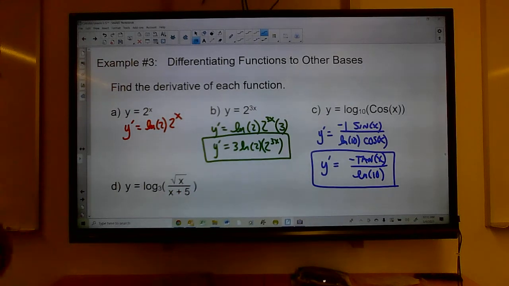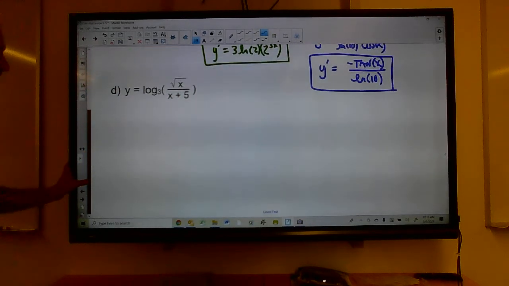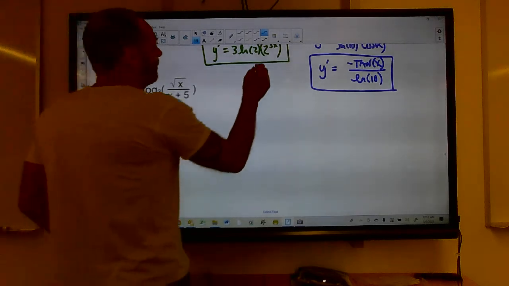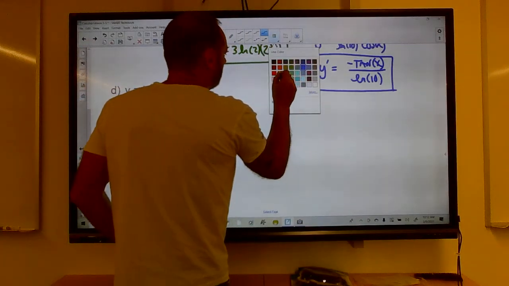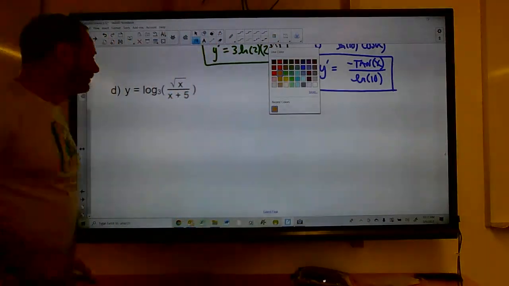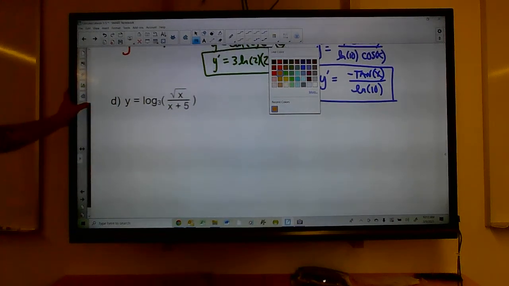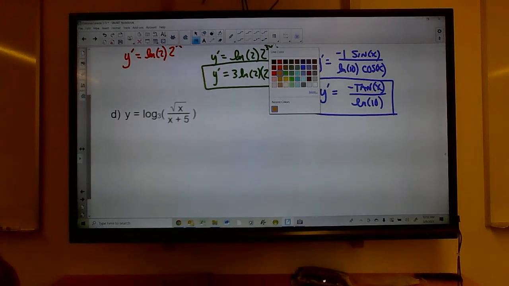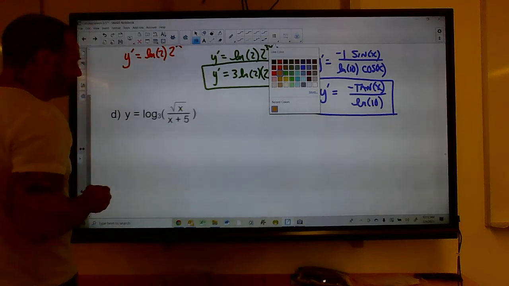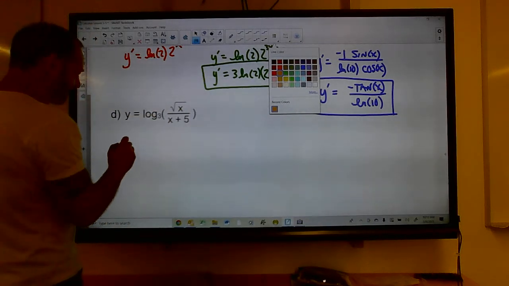So this is going to be negative tangent x over the natural log of 10. Now, what about this bad boy right here? We've got y is the log base 3 of the square root of x over x plus 5. This is one that I would break up a bit, because we're in logs, so we're going to take advantage of logs.